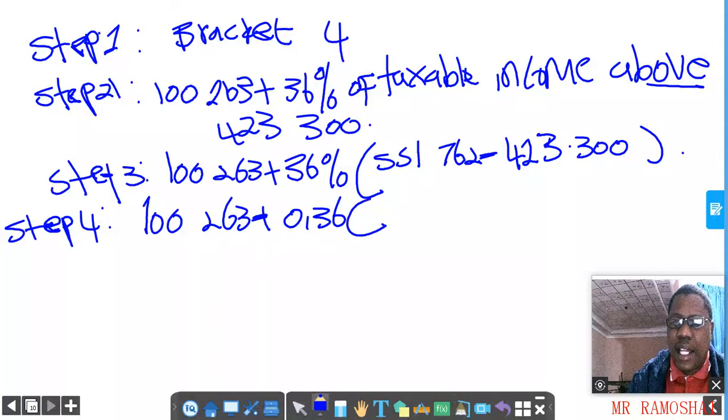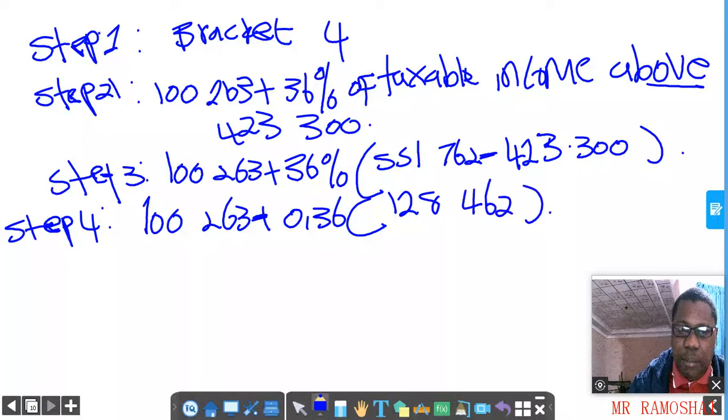Let's subtract those two amounts: 551,762 minus 423,300, which equals 128,462. Then we close the bracket.